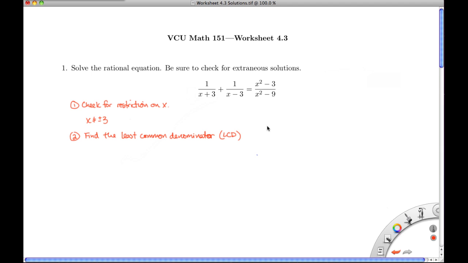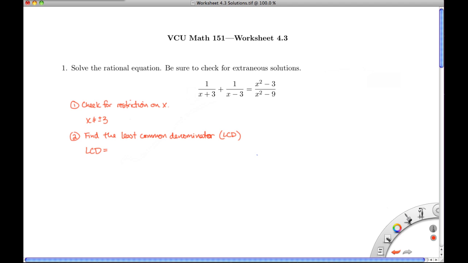The least common denominator is essentially a denominator where, if we were to look at each of the denominators of the individual terms, they would all divide into it, and there wouldn't be anything extra. So that's, in the least terms, the smallest denominator we could have where each of the other denominators will divide into it. So one way we can go about constructing this is just to start multiplying denominators together, making sure that we're not doing anything extra that's not necessary.